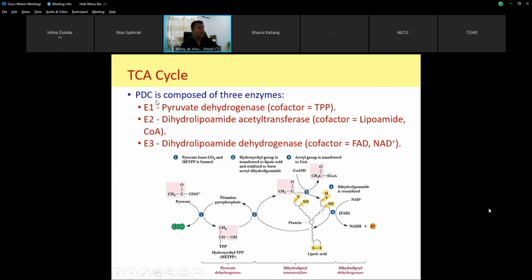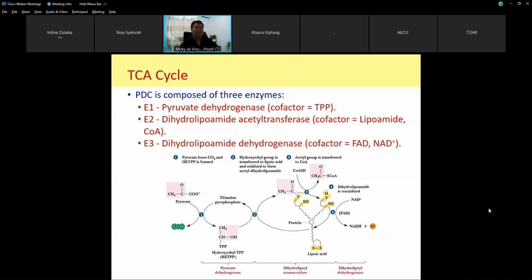Enzyme number 1 is called pyruvate dehydrogenase. Then enzyme number 2, still in the same complex, is called dihydrolipoamide acetyltransferase. So cofactor dia adalah lipoamide dan CoA. Then the third enzyme is dihydrolipoamide dehydrogenase. Cofactor dia adalah FAD dan NAD. Jadi kalau kamu tengok ini, peningnya kepala.